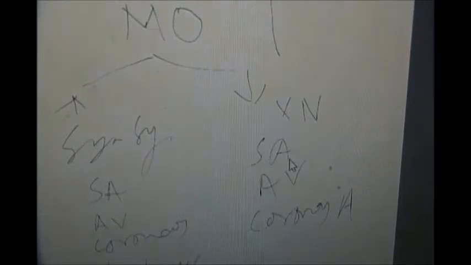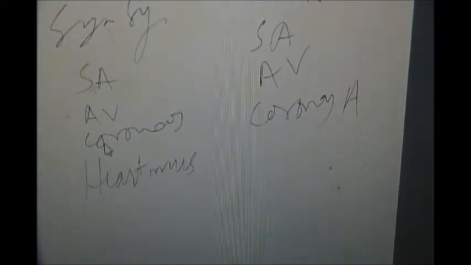The vagus nerve, which is inhibitory to the heart, supplies the SA node, AV nodes and the coronary arteries, and the sympathetic supplies the SA node, AV nodes, coronary arteries and the heart muscles as well.